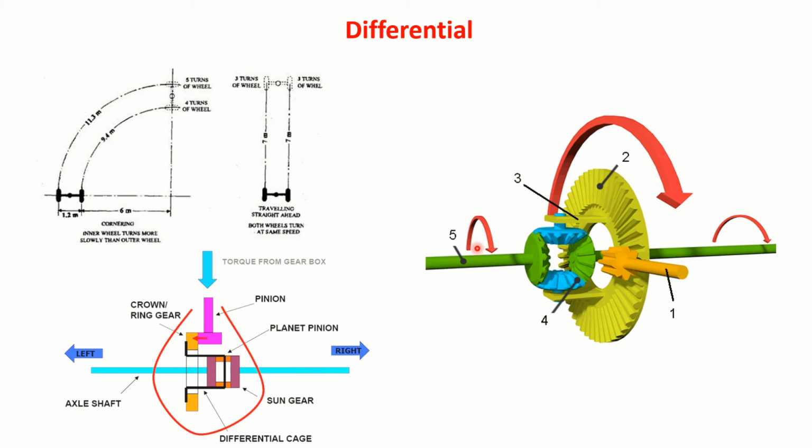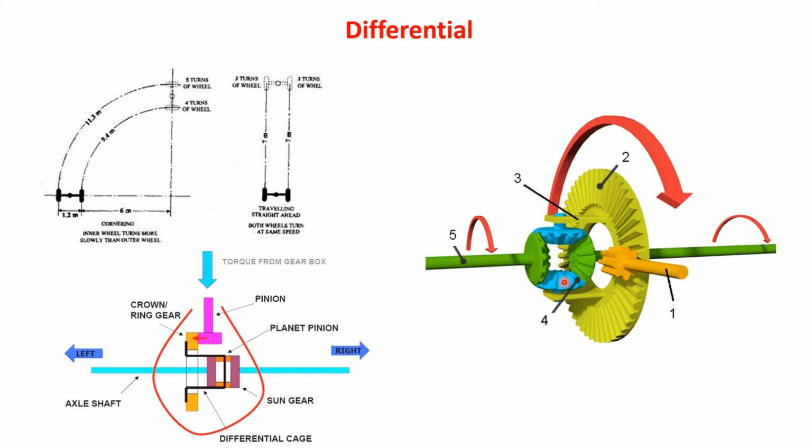Now suppose you are taking a turn. When you are taking a turn, the inner wheel has to cover a shorter distance compared to the outer wheel. That time what happens is this wheel, which was not rotating when going straight, even this will start rotating. These two wheels will also start rotating.